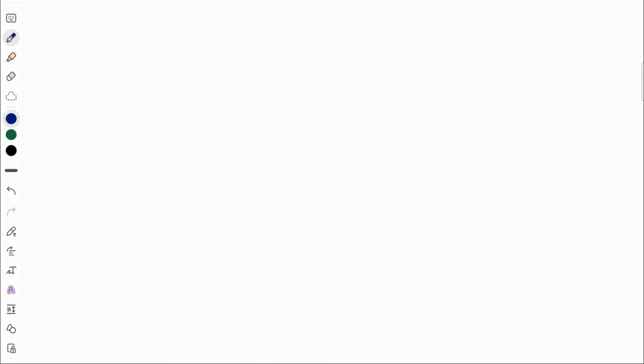Next is computer input devices. Following are the important input devices.